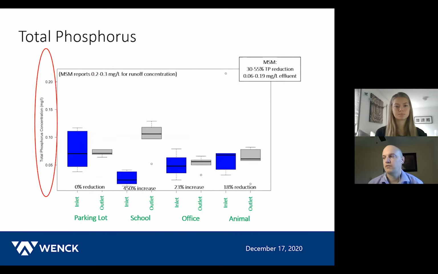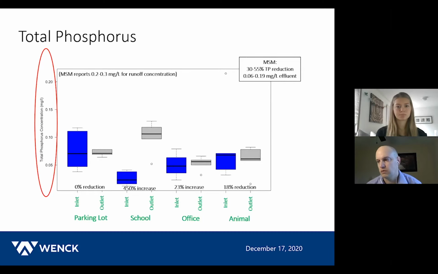Let's look at total phosphorus. I have notes up towards the top there for context. So MSM is Minnesota Stormwater Manual. So again, our influent concentrations are well below what we expect. We didn't see the level of reduction that we expected with phosphorus, but also the effluent concentrations that we measured are within what is indicated as acceptable or expected from the Stormwater Manual.